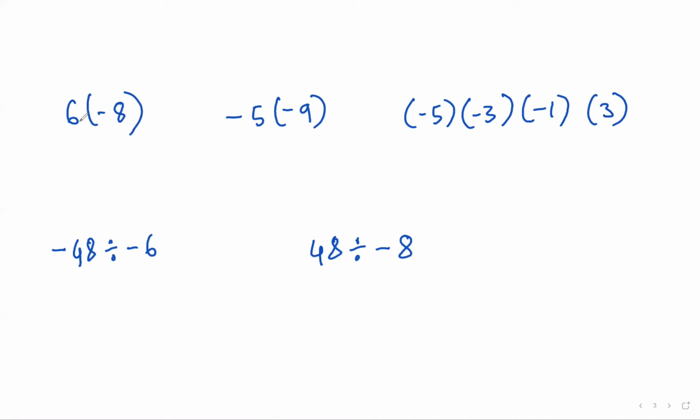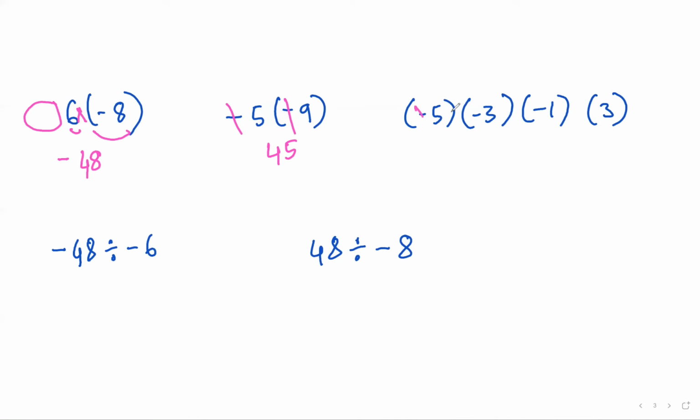Here, no sign between number and bracket means multiplication. So 6 times 8 is 48. Here there is no minus sign, so we cannot cut it. So the answer is -48. Here see, minus minus cut. 5 nines are 45. Always remember, between number and bracket, no sign means multiplication.